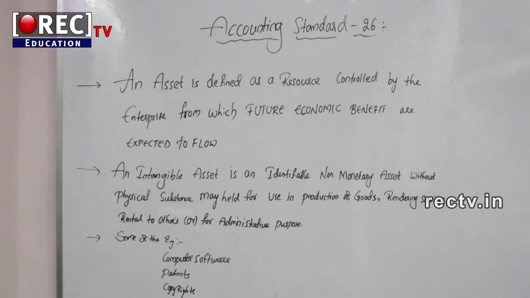If the cost of the physical substance and the intangible element can be separately identified and is material, then the intangible element and tangible element shall be capitalized separately. For example, now you are going to purchase a laptop and it already has software installed, that is Windows 10.